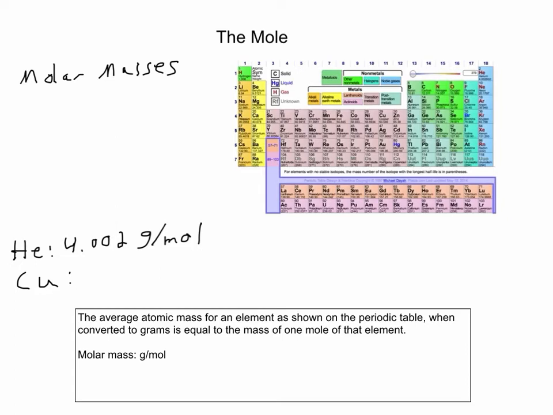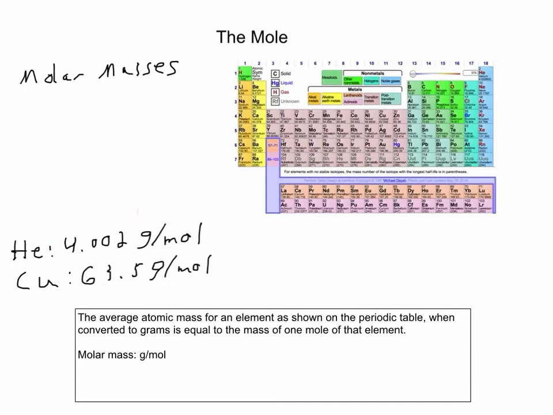We convert that to grams, and we get 63.5 grams per mole. So if I had 6.02 times 10 to the 23rd atoms of copper, I would have 63 grams of copper.